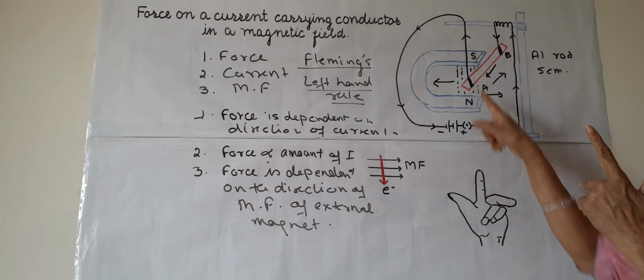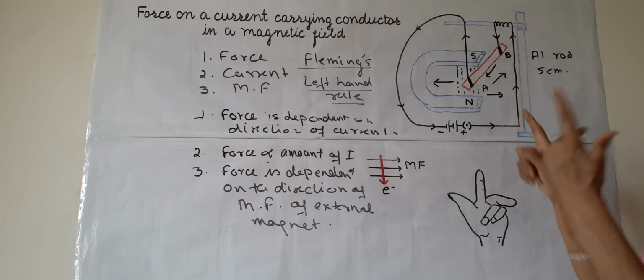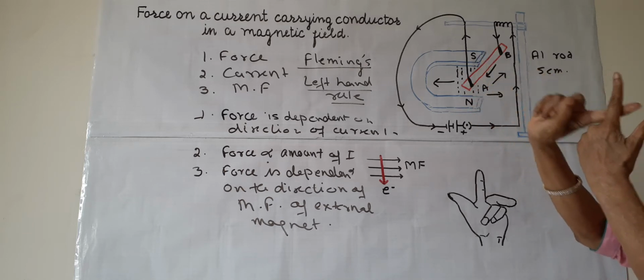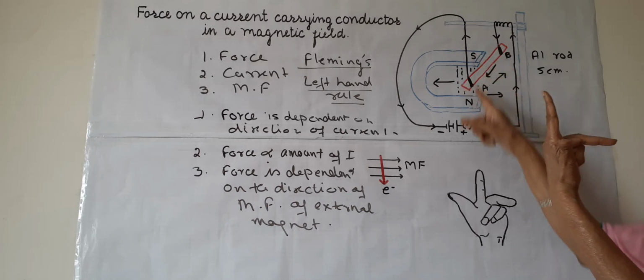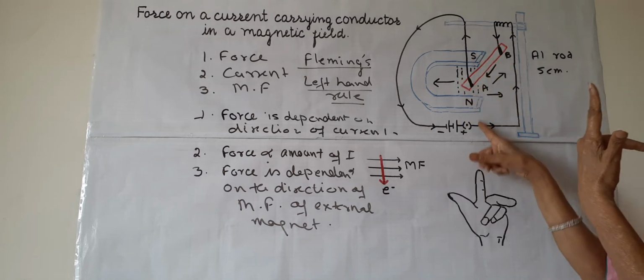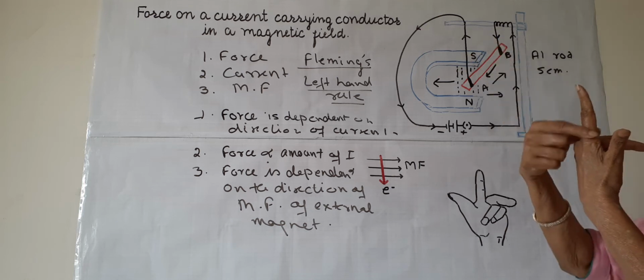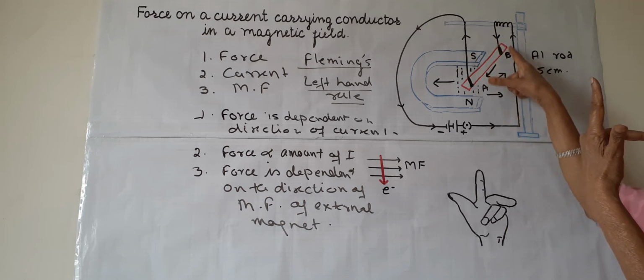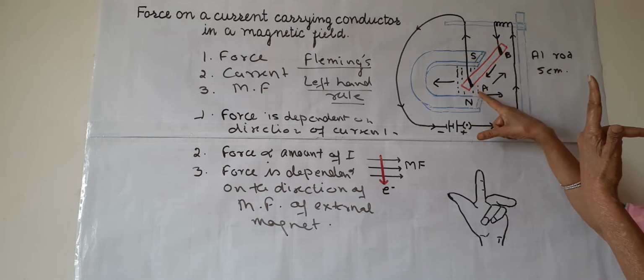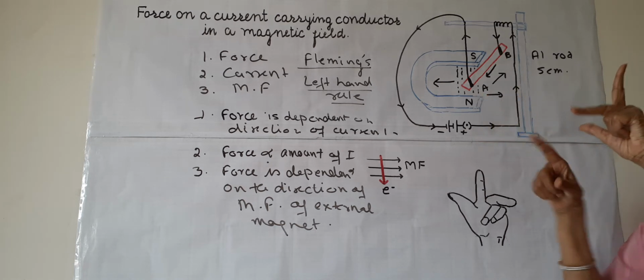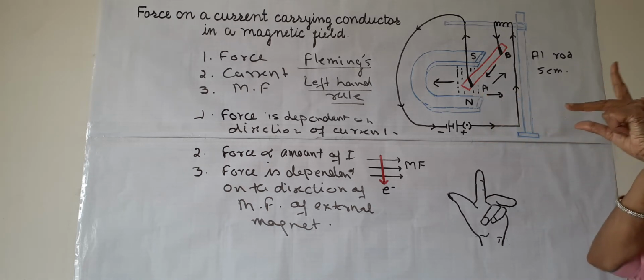What is the direction of field? Magnetic field is in this way. So this finger shows the direction of field from bottom to top, and this is the direction of current from B to A. So it should be like this, from B to A.